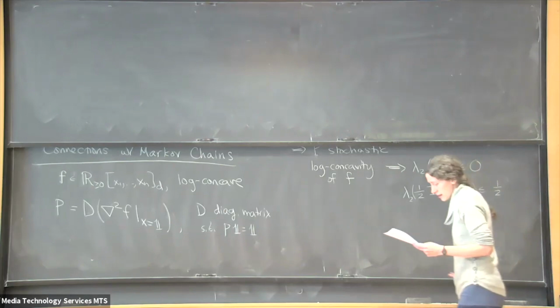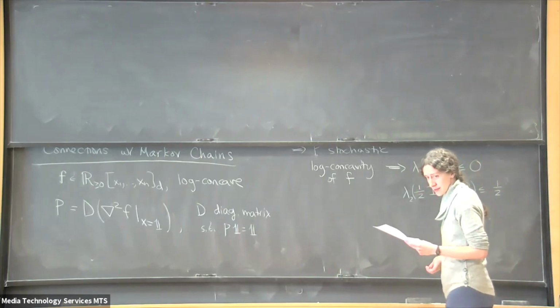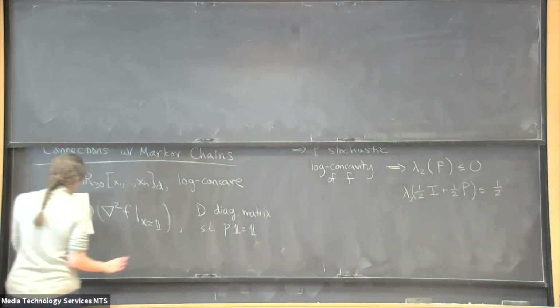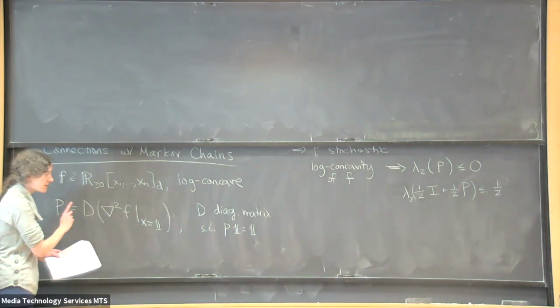It's really a doubly stochastic matrix. It was a symmetric matrix, so it's doubly stochastic, right? Once I scale, it's no longer doubly stochastic.